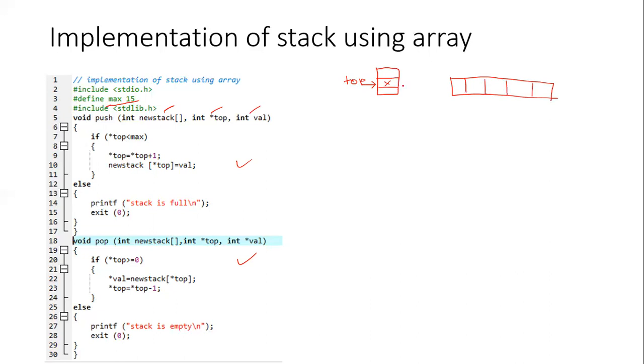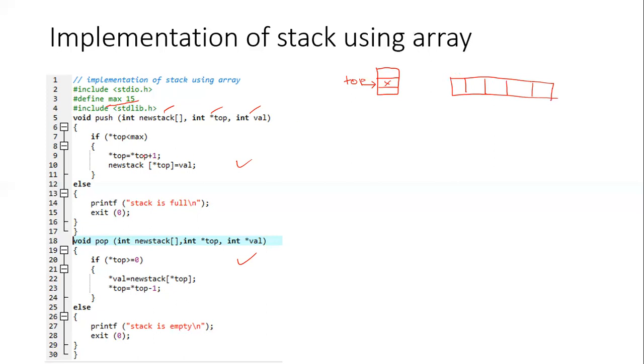So what do we do here actually? We use the top pointer to access the array elements. But since it's a stack, we cannot access randomly. We have to use the prescribed method. That means from the top only you can access the value.